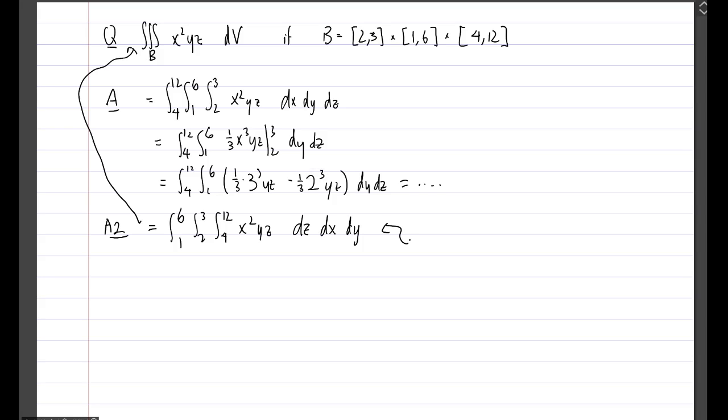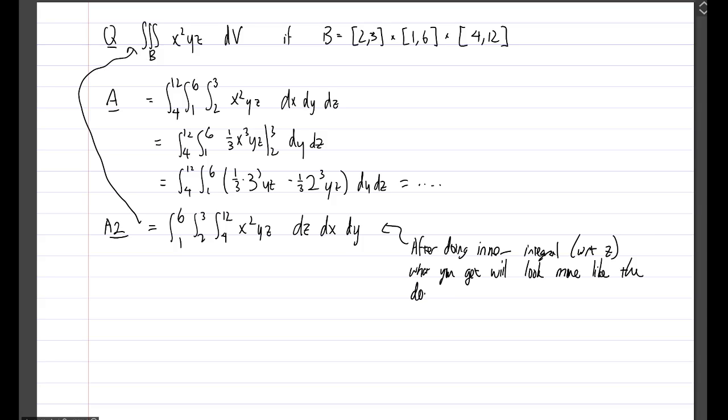Just comment that after doing the inner integral with respect to z, so treat z like a variable and treat x and y like constants, then you'll get what you get, and it will look more like the double integrals from before.